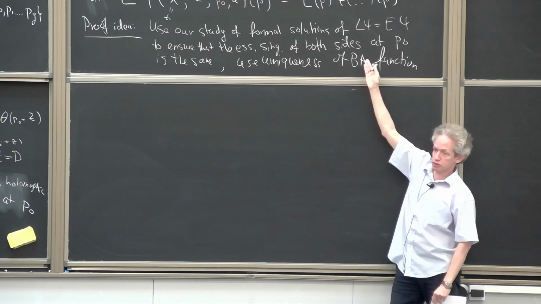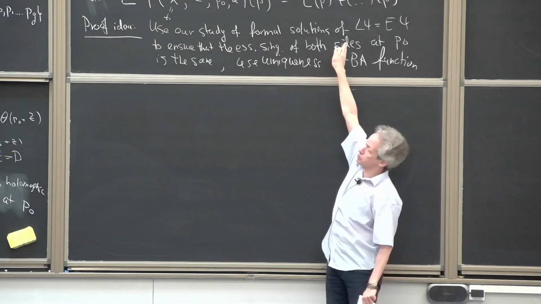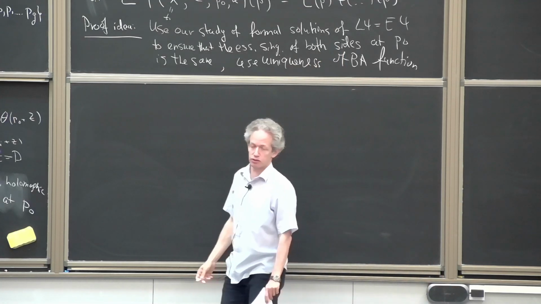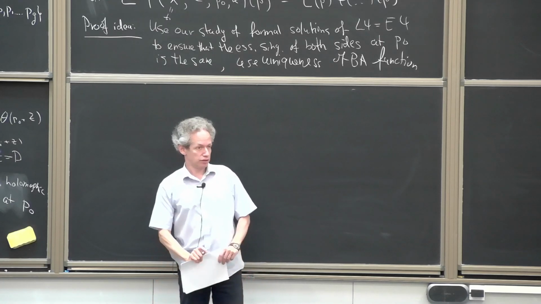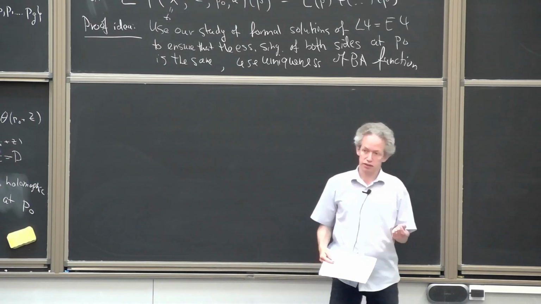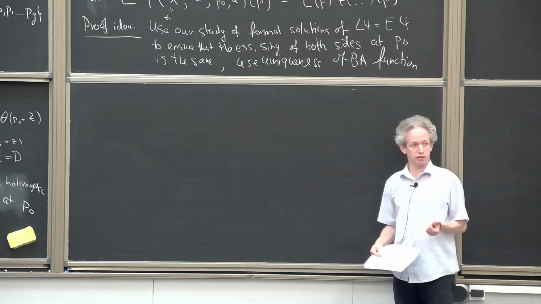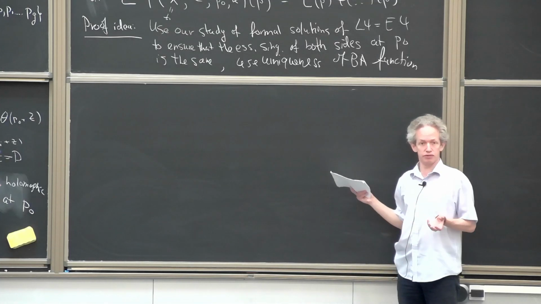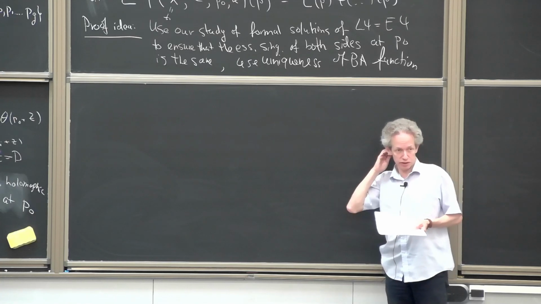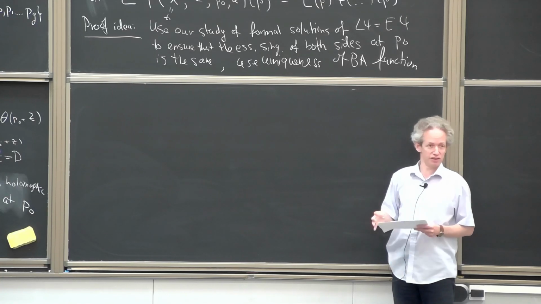So it's the same structure. They have the same essential singularity at P naught. They have the same poles, so it must be the same function. So all you need to do to check such an equation on a curve is just check that the essential singularities are the same at P naught, because they are of the same form otherwise. Make sense? This is an explicit computation that can be discussed in exercises. Questions?